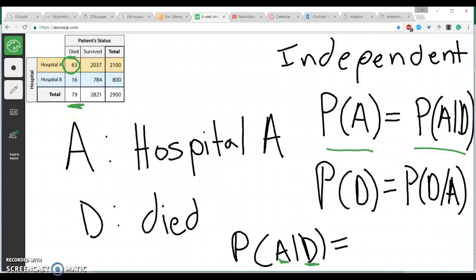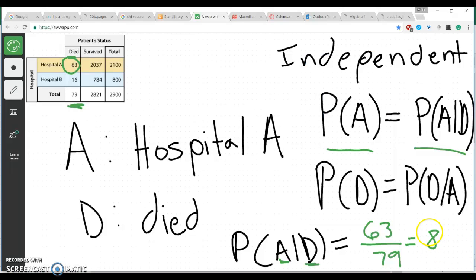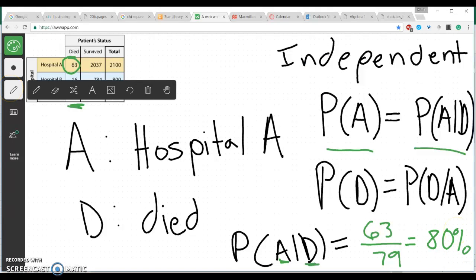So this percent would be 63 over 79. Or, if we did that on our calculator, about 80%. Okay.